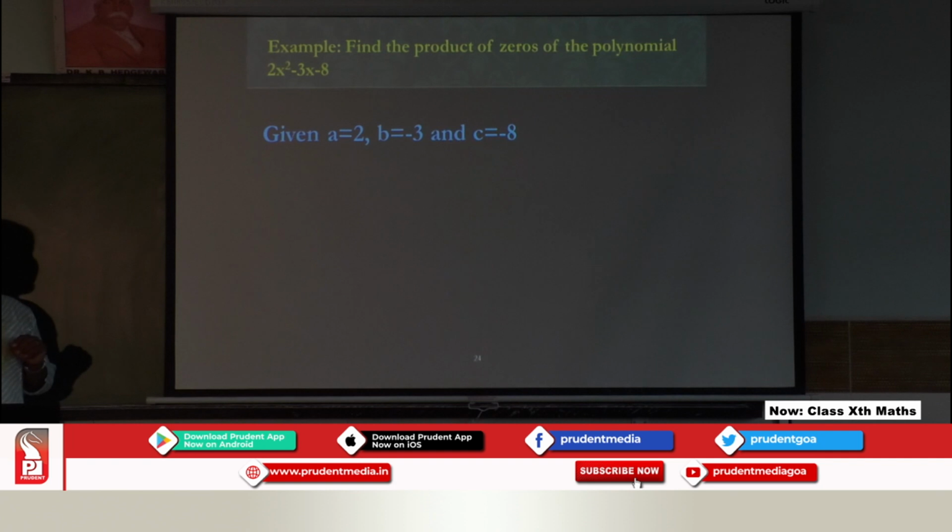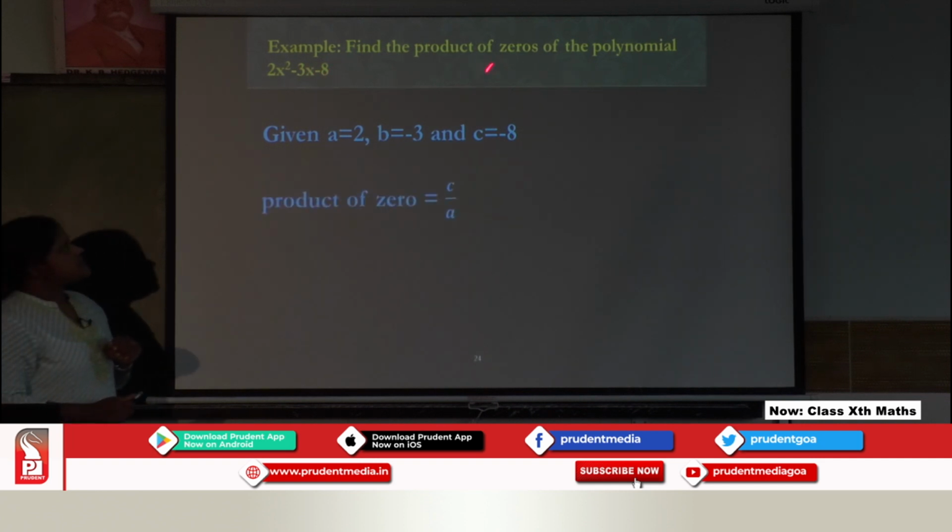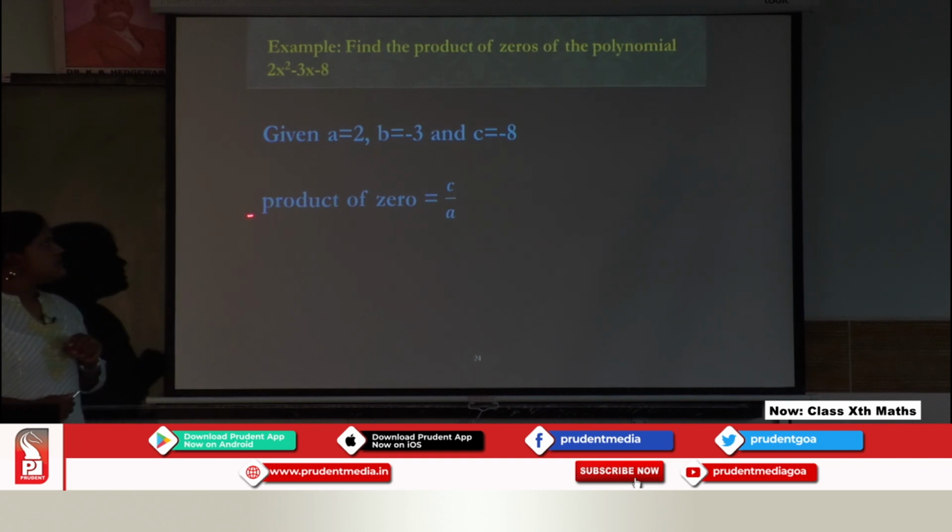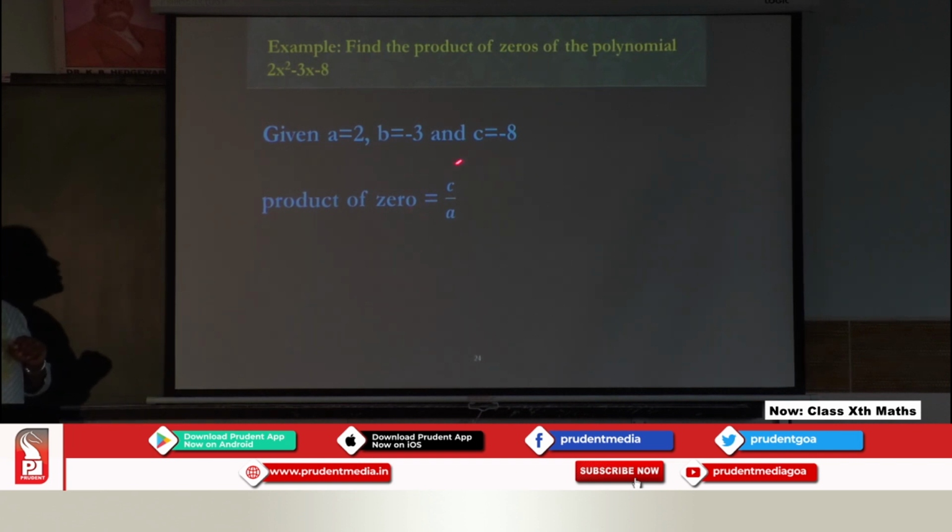A is 2, b is minus 3 and c is minus 8. Since product of zeros is asked, let us write the formula. Product of zeros is equal to c upon a. Now substitute. c is negative 8, a is 2. So, negative 8 upon 2. The final answer will be negative 4.